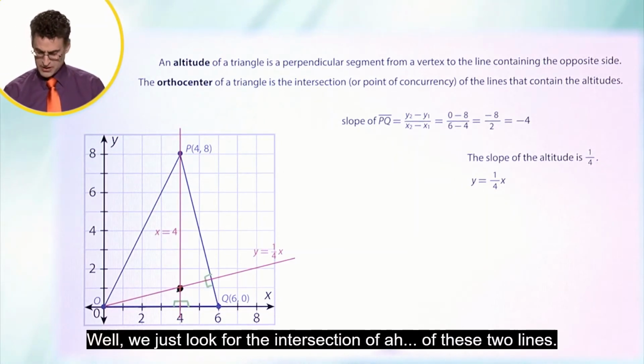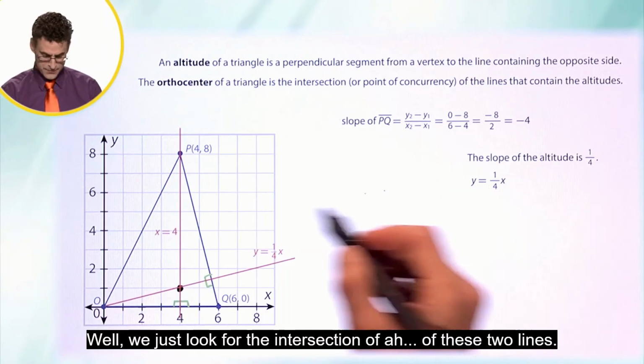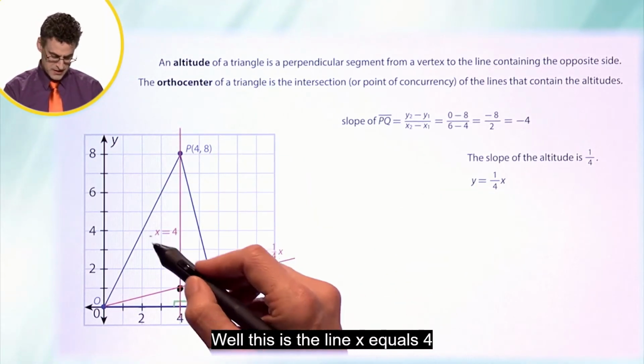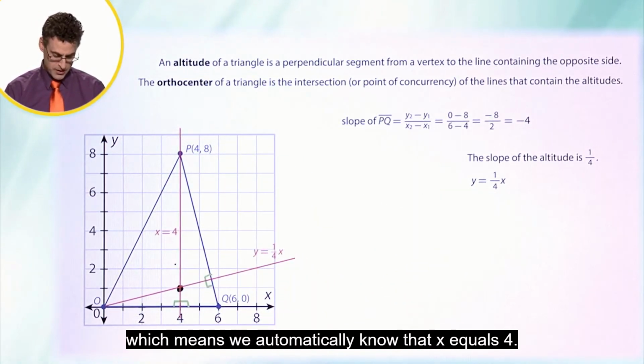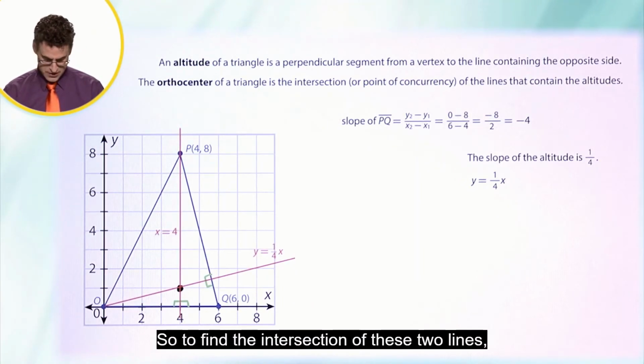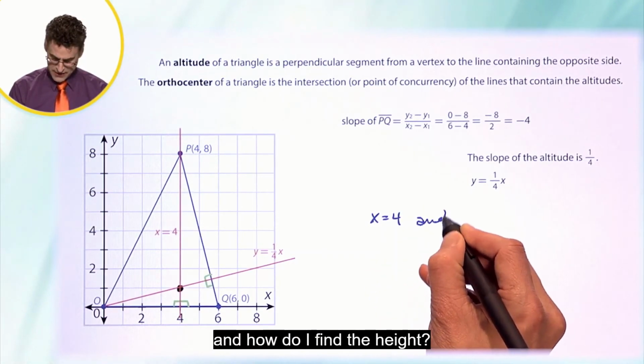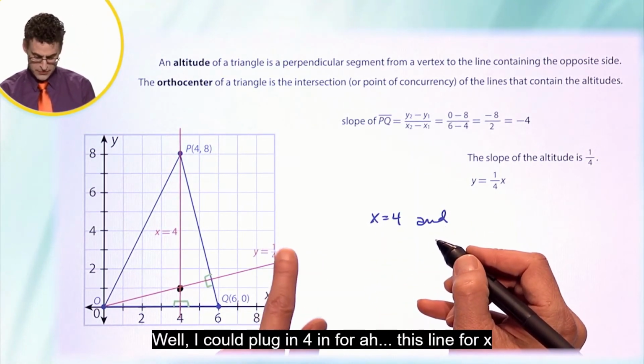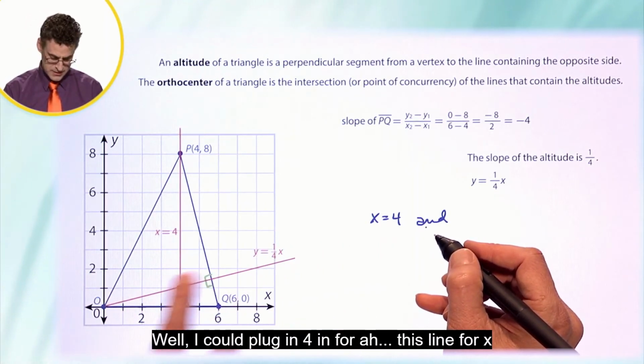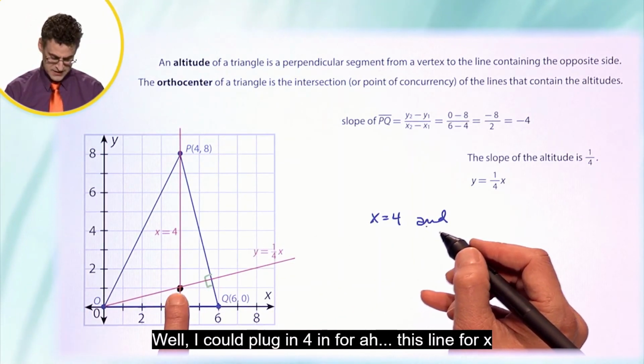And how would we do that? Well, we just look for the intersection of these two lines. Well, this is the line x equals 4, which means we automatically know that x equals 4. And how do I find the height? Well, I could plug in 4 for x in this line and see what the height is.